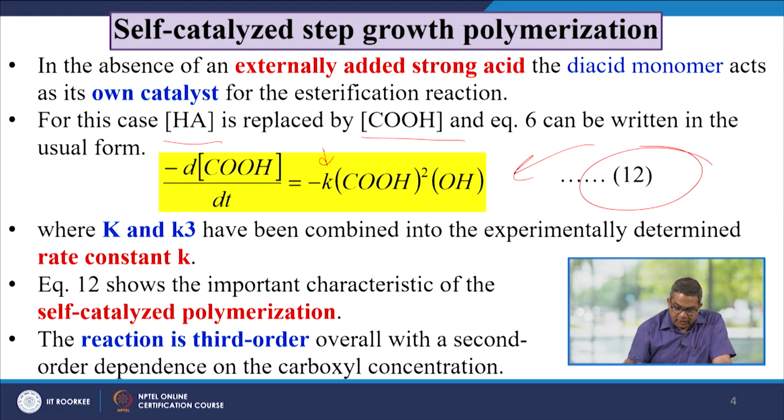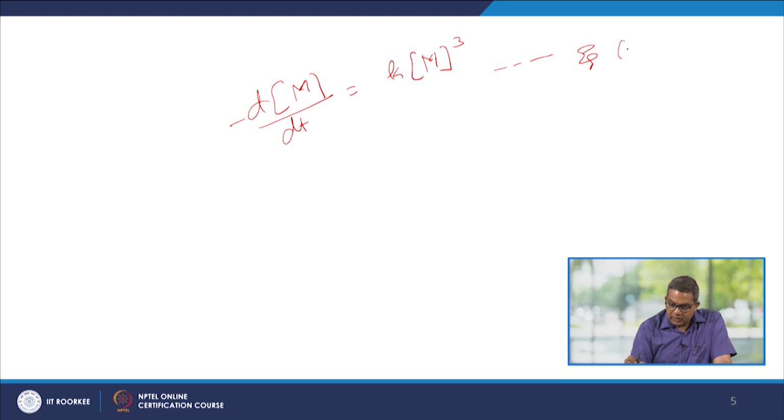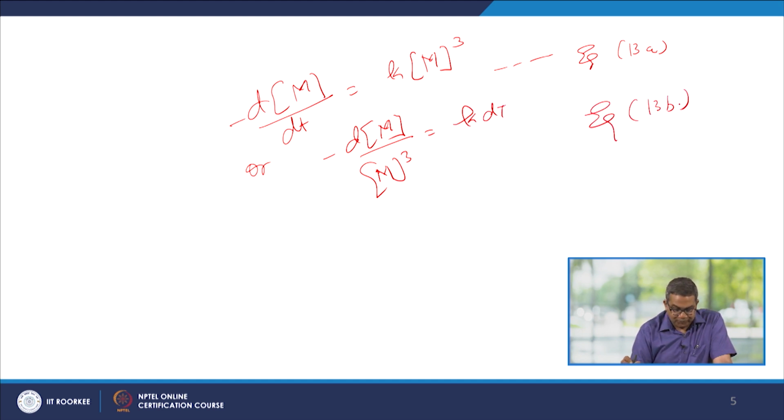For most polymerizations, the concentrations of the two functional groups are very nearly stoichiometric, and this equation can be written as minus d[M]/dt equals k[M]^3, equation 13a, or sometimes minus d[M]/M^3 equals k dt, equation 13b.